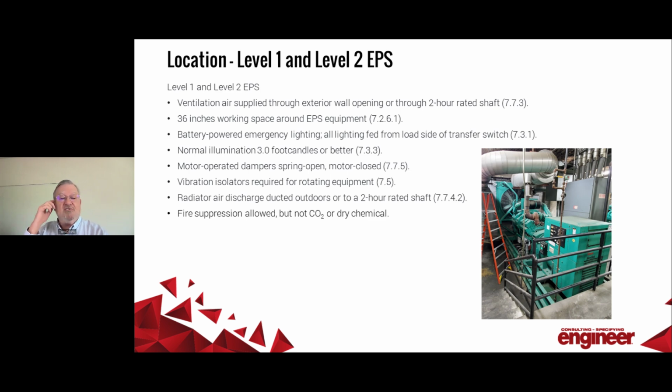And any louvers that are motor operated have to be spring open and motor closed, and that's to ensure that they fail open. Rotating equipment requires vibration isolators, and the EPS room has to have a battery light. And that intent is to be sure that personnel who are trying to work on an EPS that fails to start won't have to do it in total darkness.